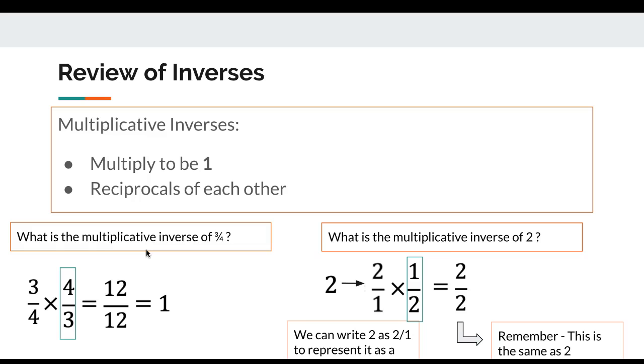Now, here's the critical part that you got to understand. A fraction is also a division problem. You can divide the numerator by the denominator and simplify it that way. And that's basically what it's saying right here: 2 divided by 2 gives you 1. Add that to your notes.